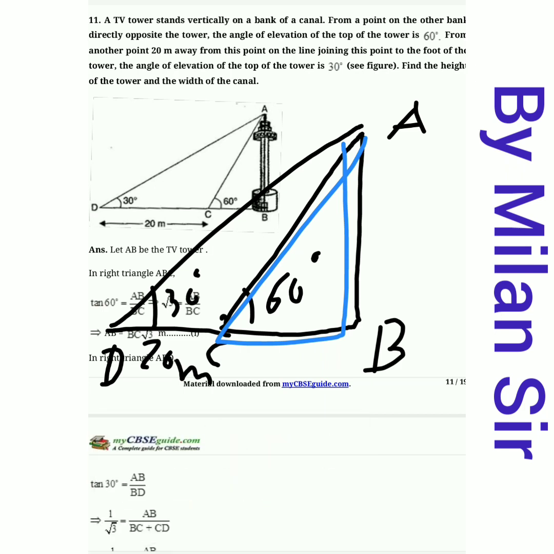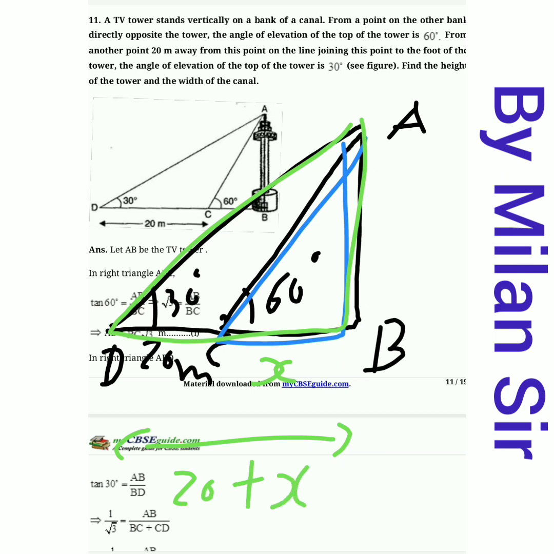In the second triangle, we have the angle 30 degree. So right now, assume BC is equal to X. So your BD is equal to 20 plus X.